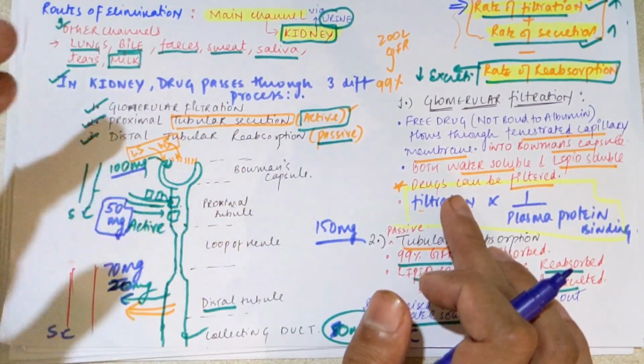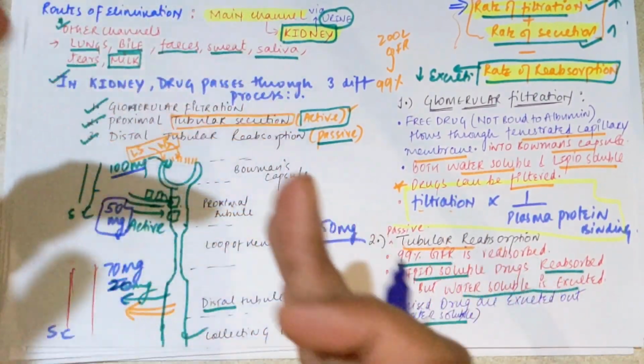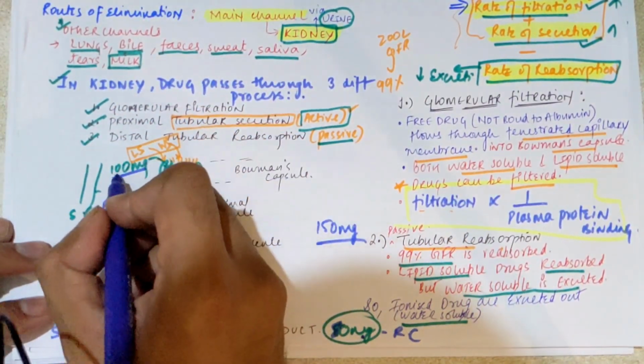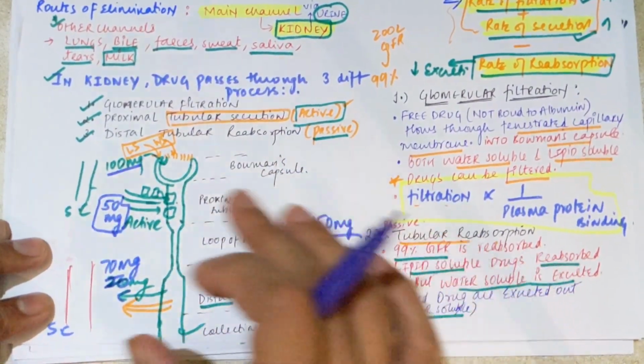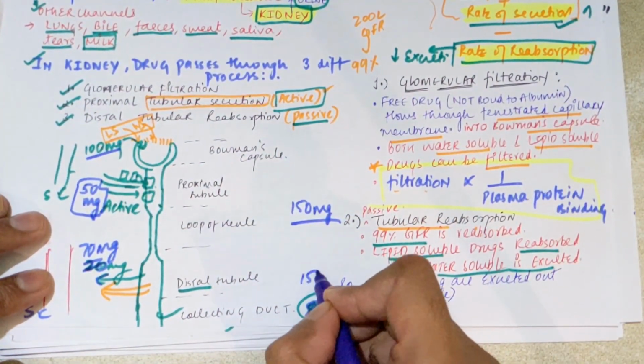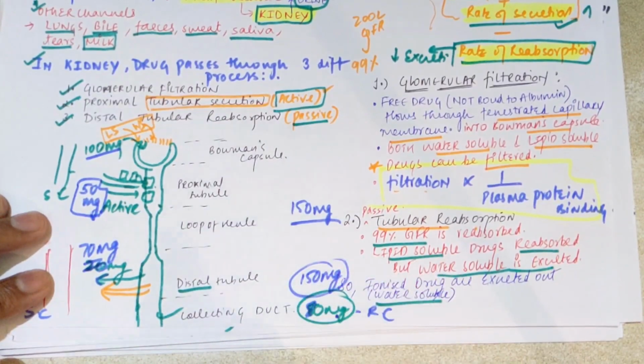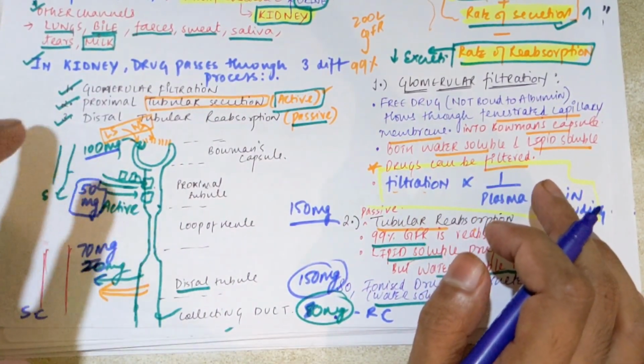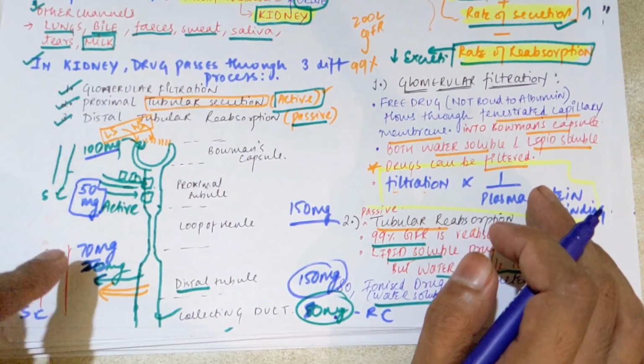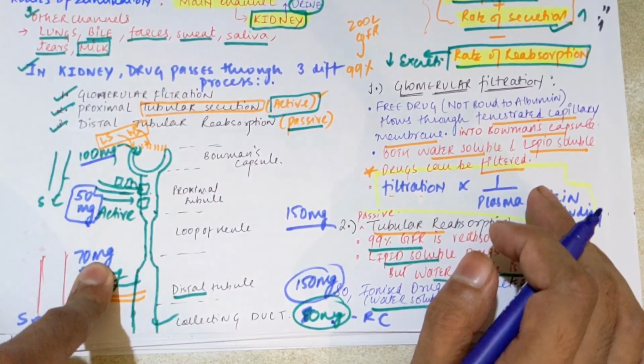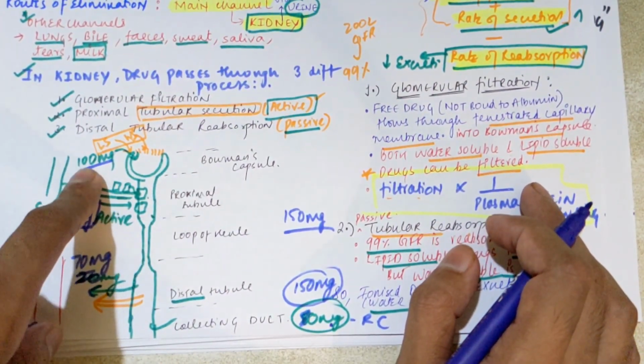And if the reverse is happening, that is, renal clearance is more than GFR, take this example: 100 mg was GFR, the glomerular filtered drug, and 150 mg was renal clearance. In this case, tubular secretion is a must, because the total GFR is only 100 mg.